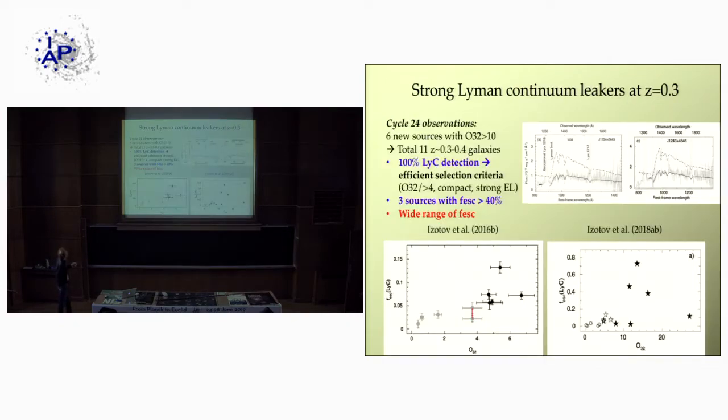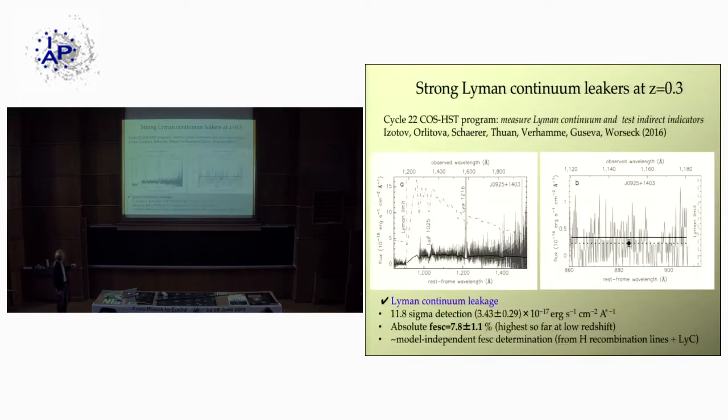Then we had another 5 sources. I don't remember what this black curve here actually is. So what's the 12 sigma result? This is the average flux in this band.